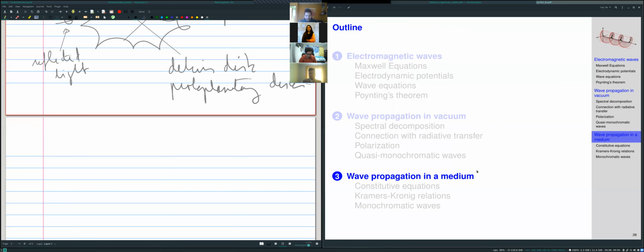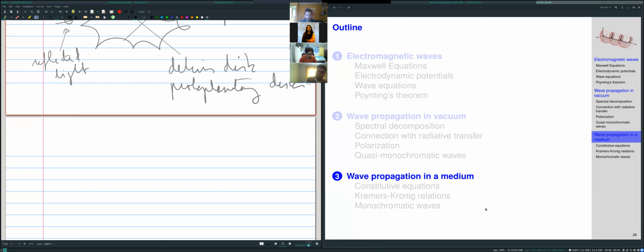Okay, so on Thursday, we'll be looking at this topic of wave propagation in a medium. For that, I need you to fasten seatbelts. I'm going to go fast, and it's not an easy topic, and it's not in the textbook.